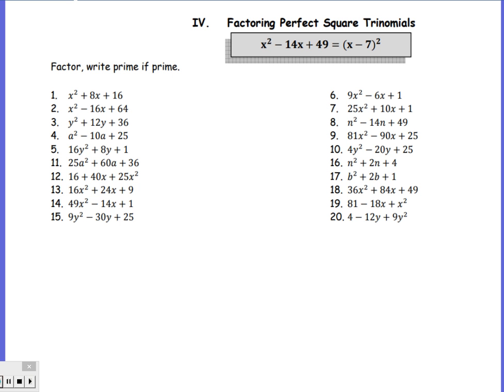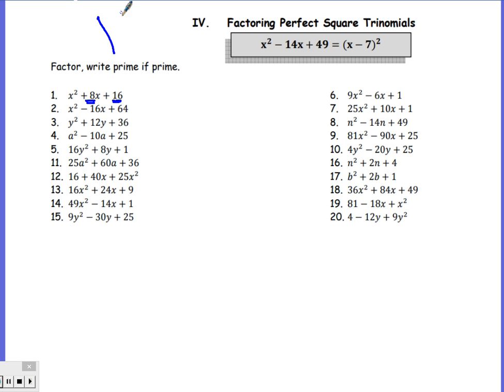All right, factoring perfect square trinomials. So these have a special pattern to them. It's the same really as factoring a trinomial, but there's something special about them in the sense that this, what times what, gave me 16 that added to 8.